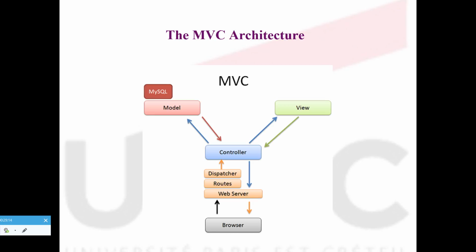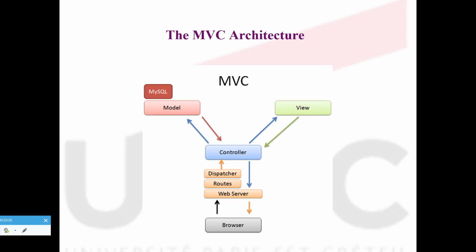The views represent the user interface of your information. Views are often HTML files with embedded PHP code that perform tasks related solely to the presentation of data. And the controller, what does it do?